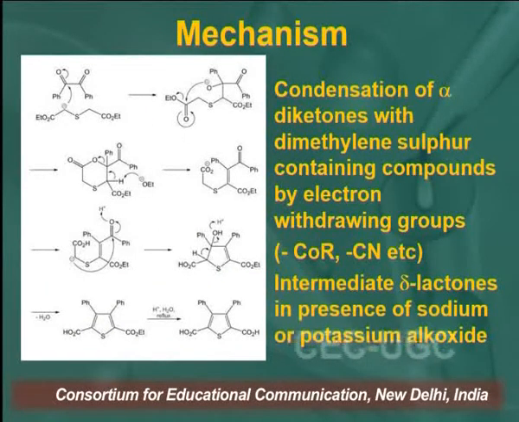Now, we will see how the mechanism takes place in the Hinsberg method. The alpha diketone and the carboxylic acid derivatives contain thiophene, which contains sulfur. In this reaction, there is condensation of alpha diketones with dimethylene sulfur containing compounds.